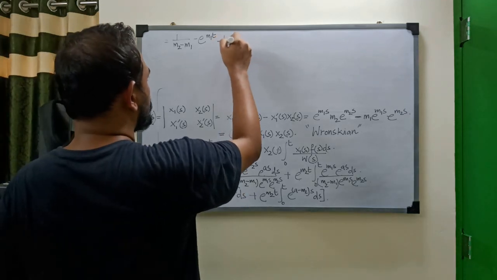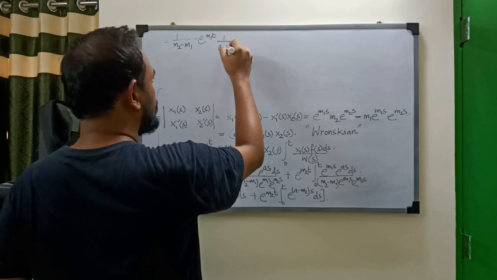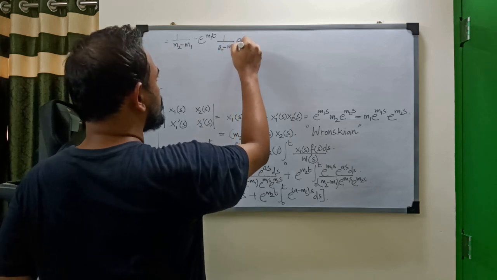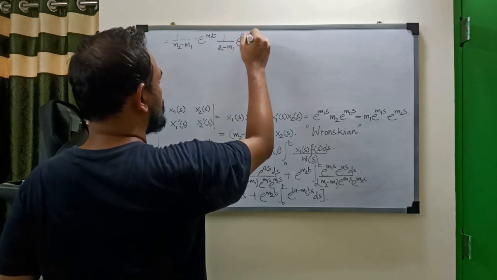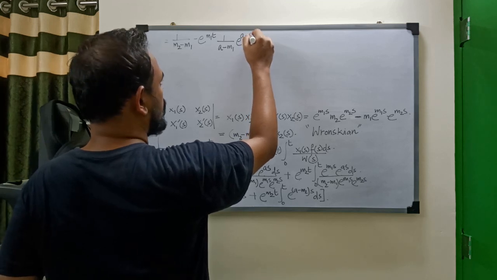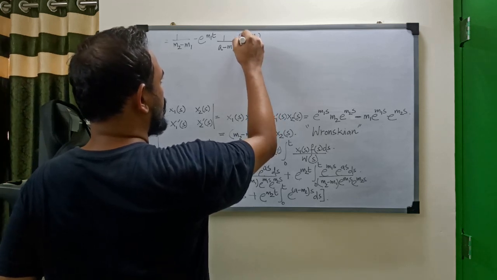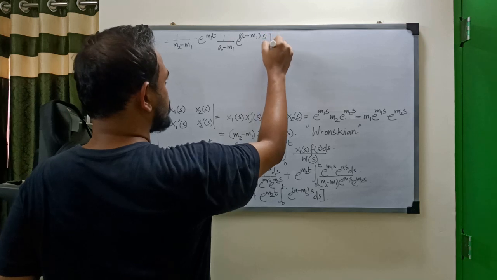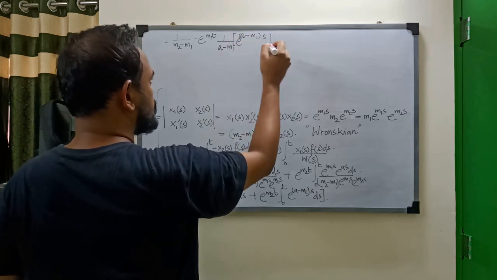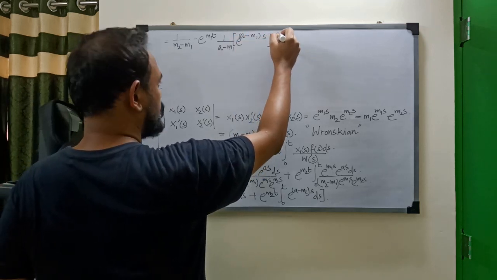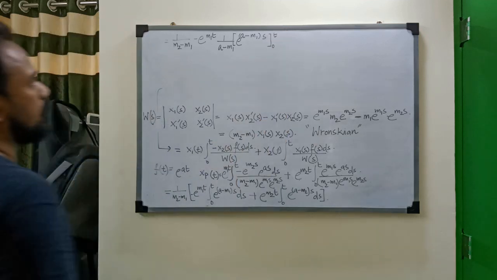It's 1 over a minus m1, e to the a minus m1 s, integrated between the limits 0 to t, right?